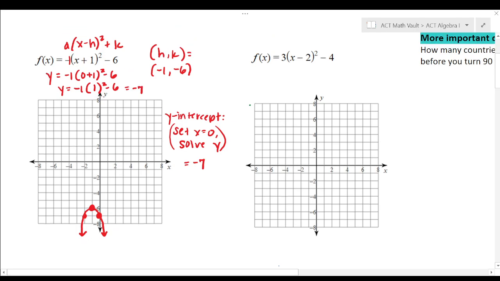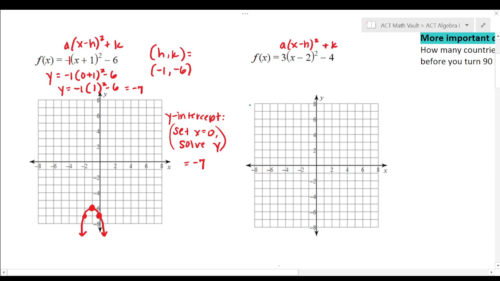In this case, the a is 3, that's positive. So it's going to be pointing upwards. And I know that by looking at these two numbers, I can figure out my vertex. To really make sure I don't mess up any negatives, I love writing out the formula on top, x minus h squared, and then plus k.